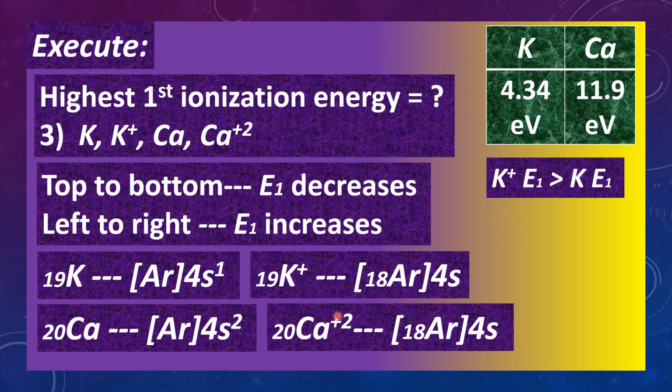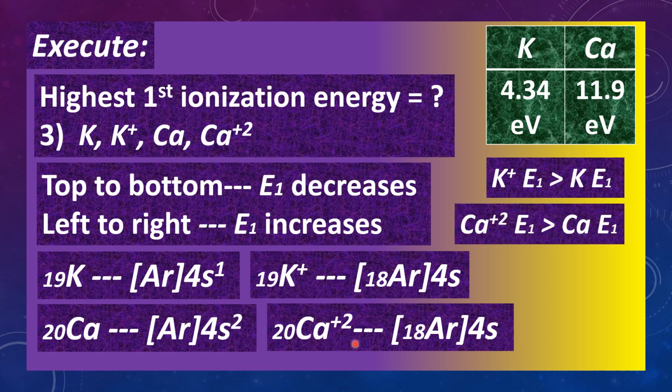Similarly, in the case of the calcium positive 2 ion, its first ionization energy must also be greater than that of the neutral calcium atom. The reason for this is that a positive ion will have a greater nuclear charge.